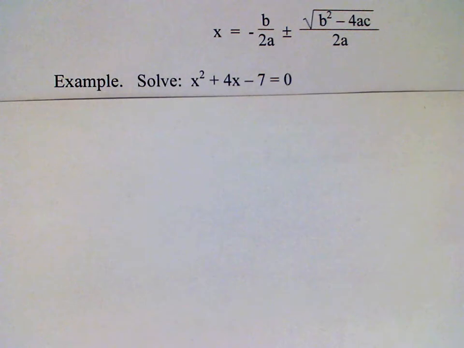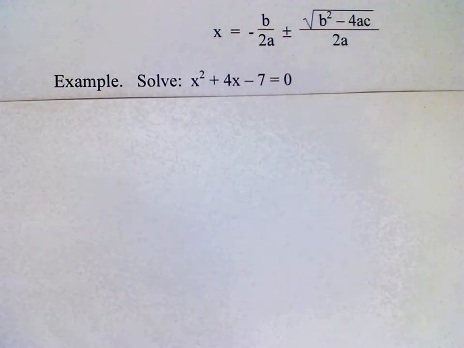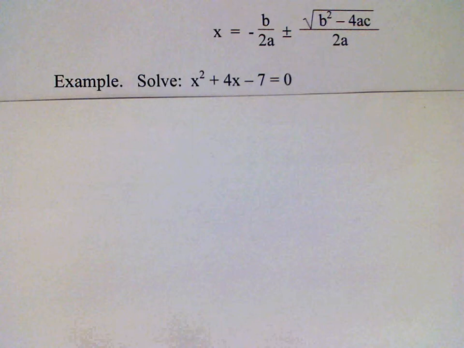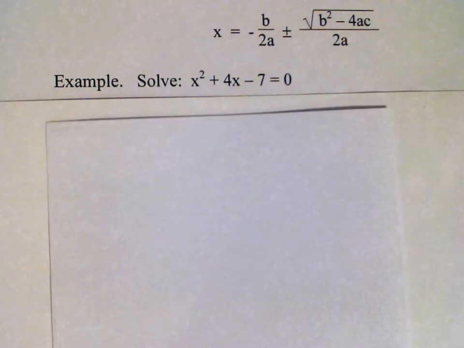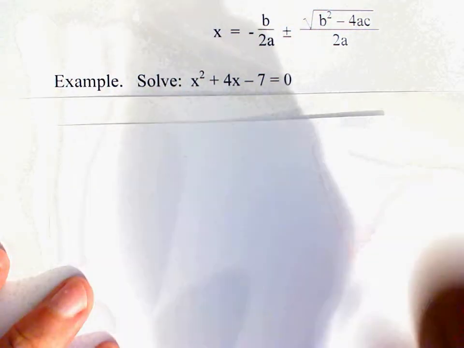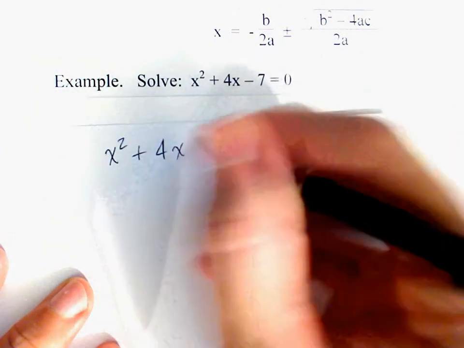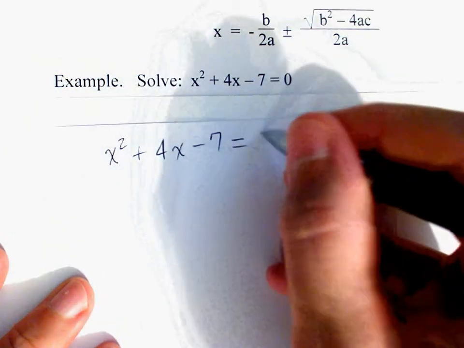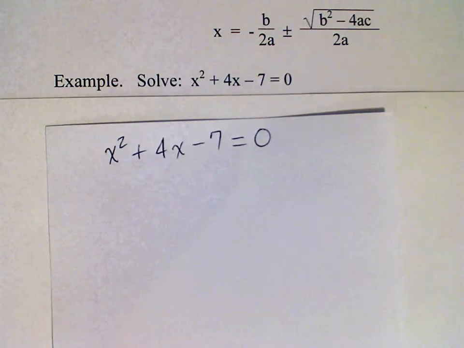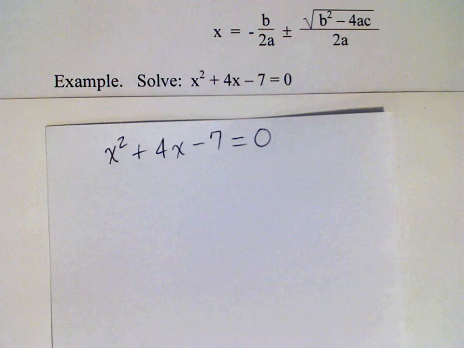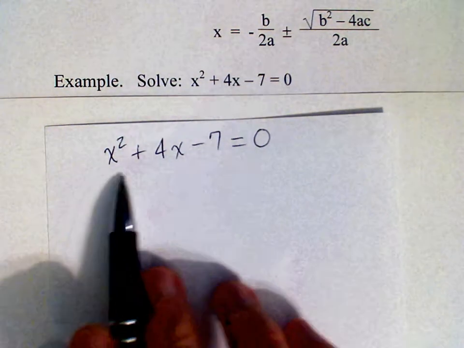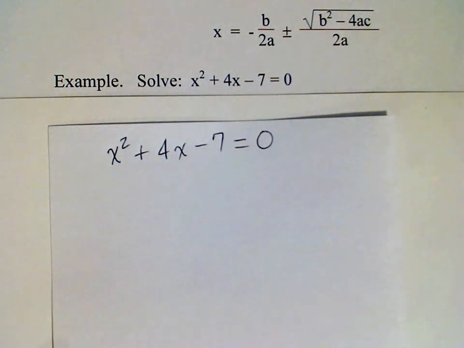Okay, so for example, we have this quadratic equation, x squared plus 4x minus 7 is equal to 0. This quadratic equation cannot be solved by factoring because this expression here does not factor.